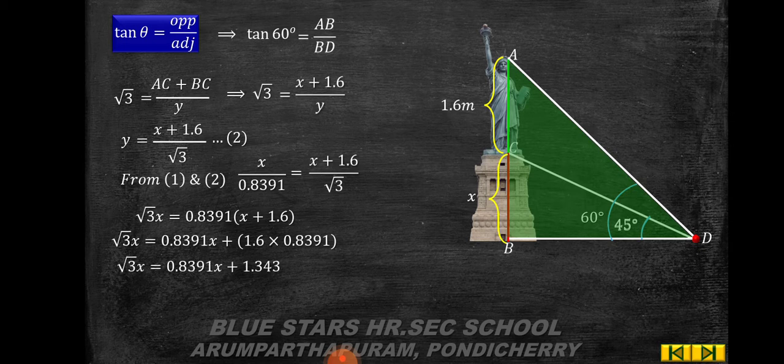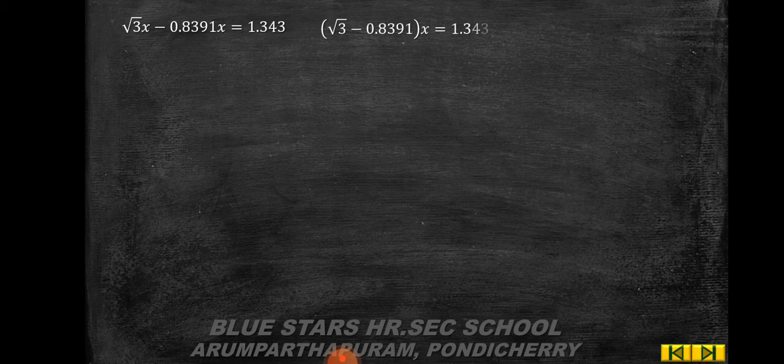So root 3x is equal to 0.8391x plus 1.343. Therefore root 3x minus 0.8391x is equal to 1.343, that is root 3 minus 0.8391 times x is equal to 1.343. That is, we are taking x common out.